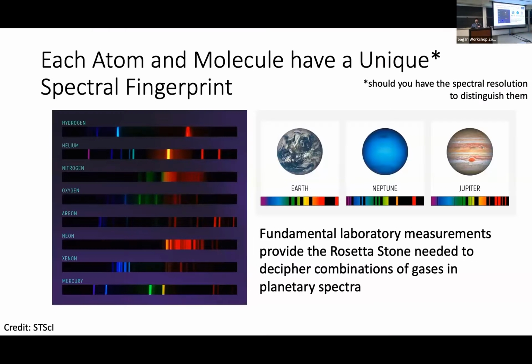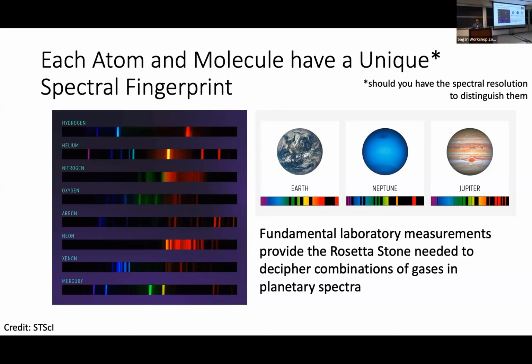So in a planetary atmosphere context, and in any context with spectroscopy, we take advantage of the fact that each atom and molecule has a unique spectral fingerprint, as long as you have the resolution to distinguish those unique spectra. On the left here, we're looking at images of gases heated in a lab, and we can see their individual emission spectra.